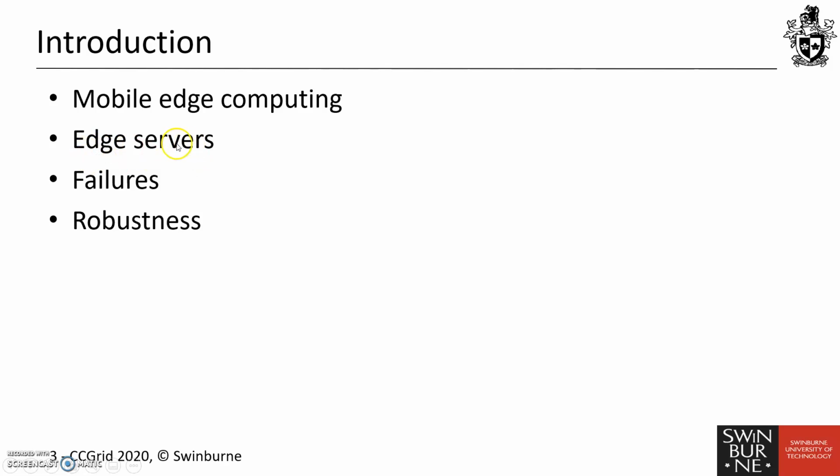This is because edge servers are usually deployed close to the users, but each edge server usually suffers from different kinds of failures, such as cyber attacks. So, to make sure all the users can access the content smoothly, the edge servers need to be deployed in a robust manner.